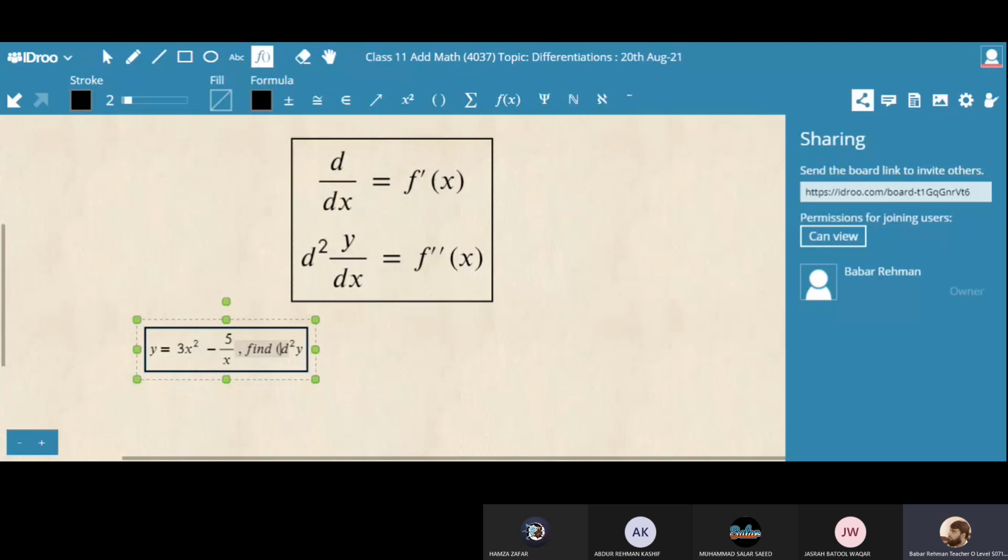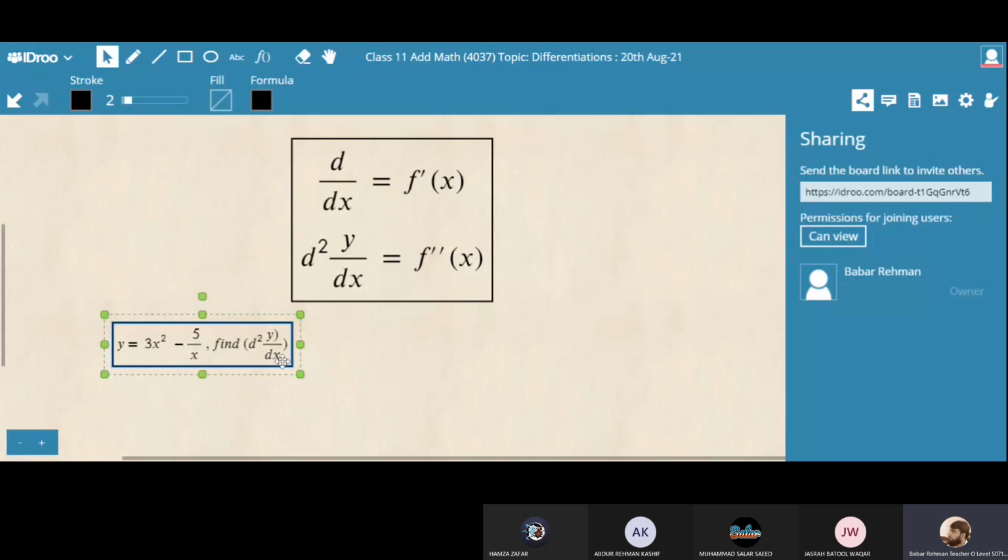Students, you can write in the numerator d square y because over here it is typed, so d square y upon dx square. How can we find the double derivative? Can you find a single derivative as we used to find? So find the first derivative and then the derivative of the first derivative. That would be the second.